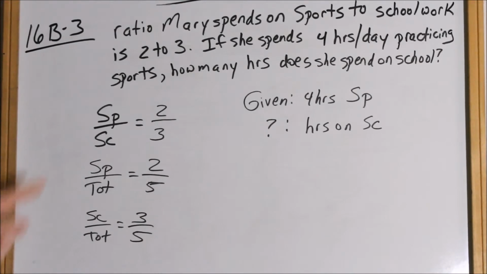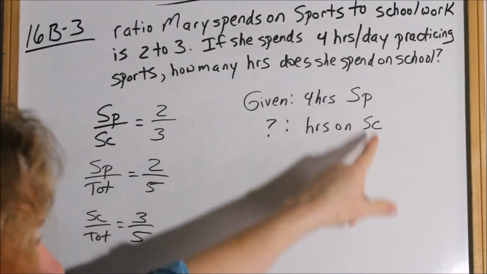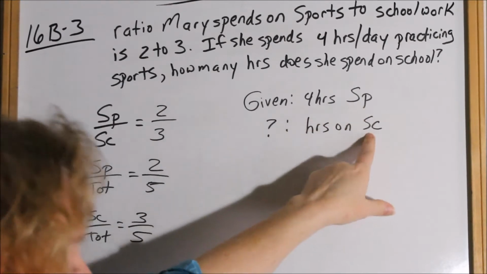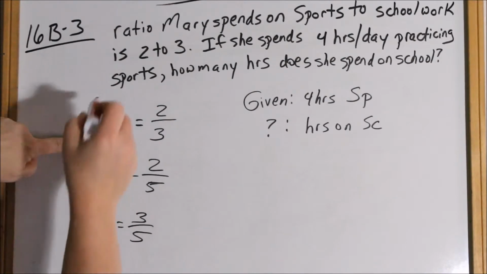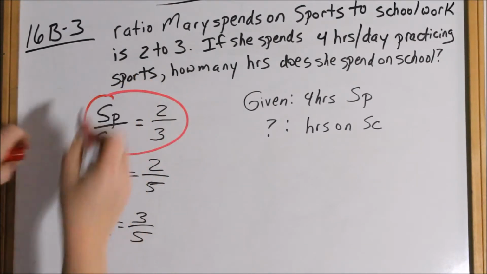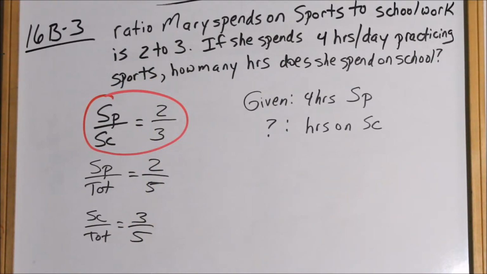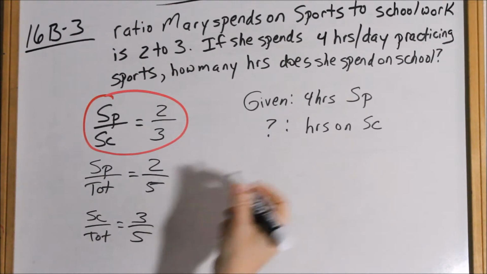So we look over here and find a ratio that deals with sports and school, since this is the information given and this is the information we want to know. So looking over here, this is the only ratio that deals with sports and school. So we're going to use that ratio to set up our equation.